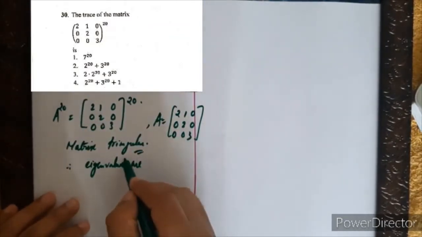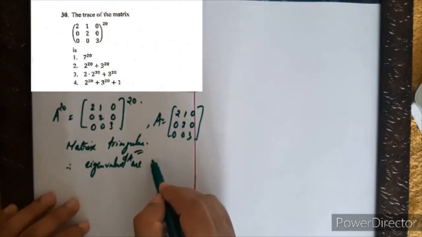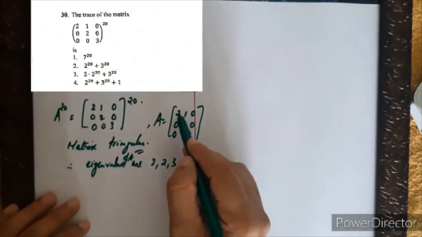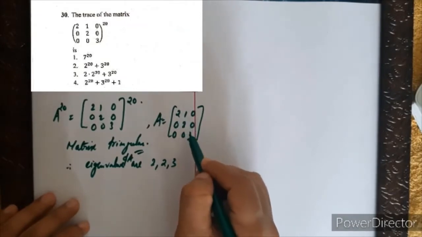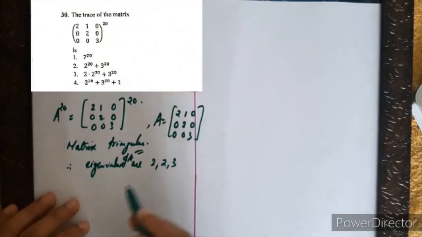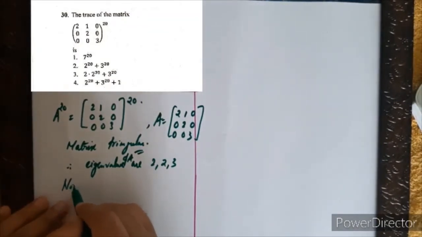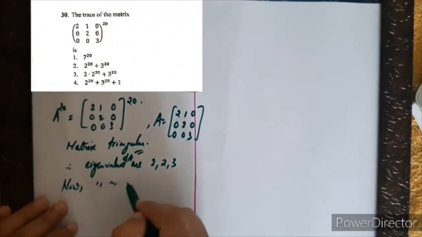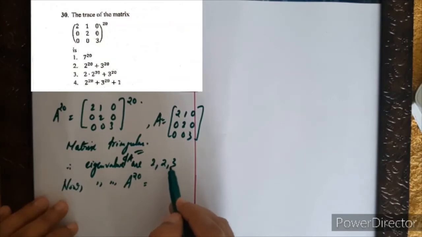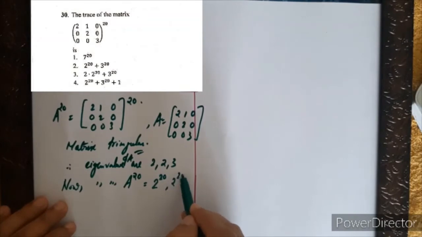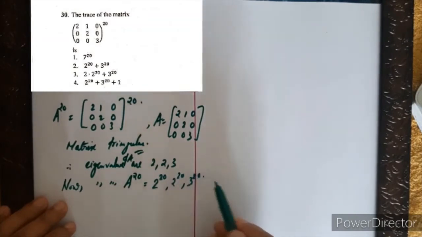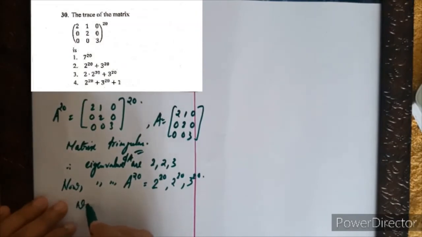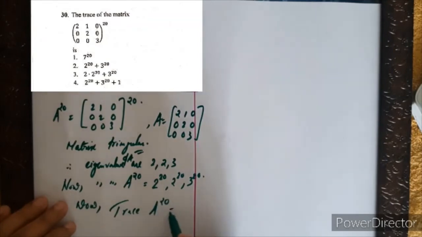So the eigenvalues of A are 2, 2, 3, because this is an upper triangular matrix, and the eigenvalues of an upper triangular matrix are the diagonal entries. Now, what will be the eigenvalues of A raised to 20? If A has eigenvalues 2, 2, 3, then A raised to 20 has eigenvalues 2 raised to 20, 2 raised to 20, 3 raised to 20. Now we want the trace of A raised to 20.